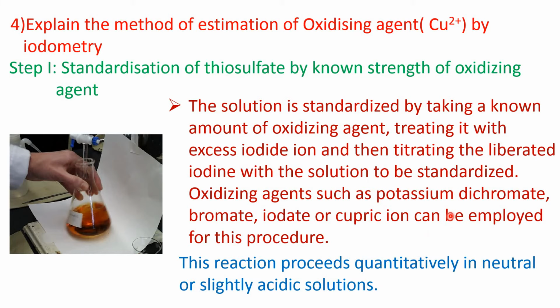And the reaction proceeds quantitatively in neutral or slightly acidic medium. Now coming to the experimental procedure. As I told you, you add oxidizing agent and excess iodide in acid medium, keep it for some time, then iodine will be released and the color will become deep red.